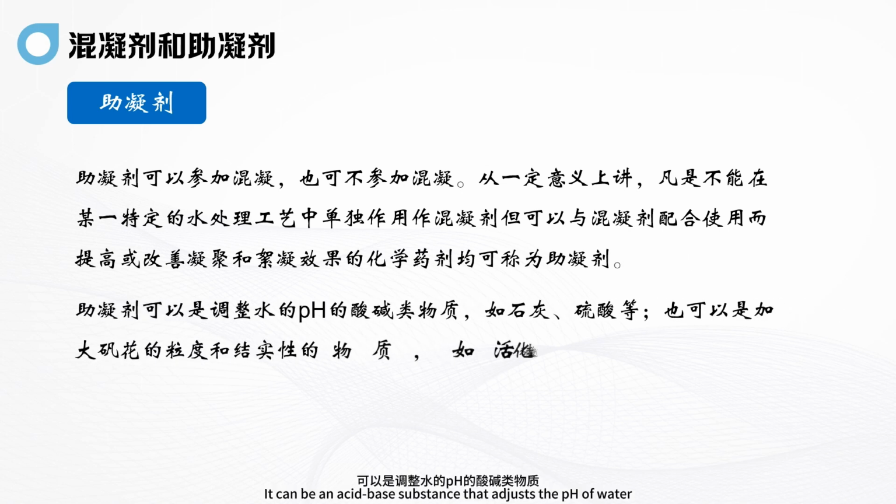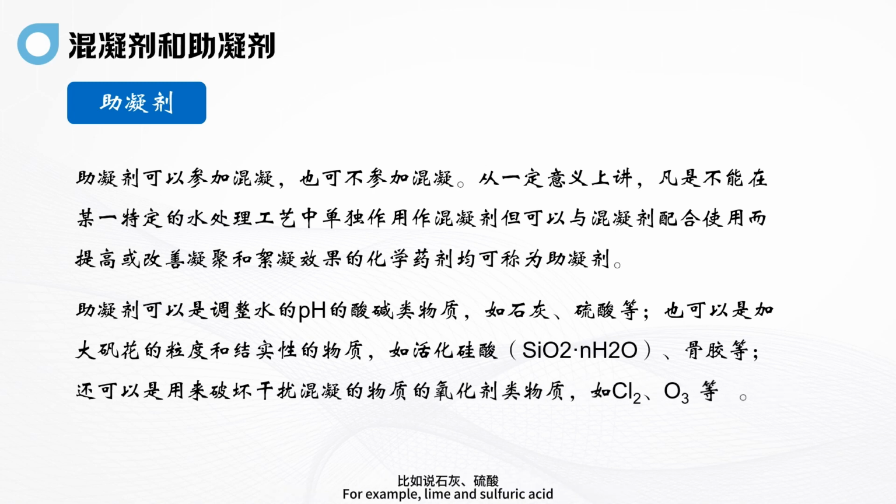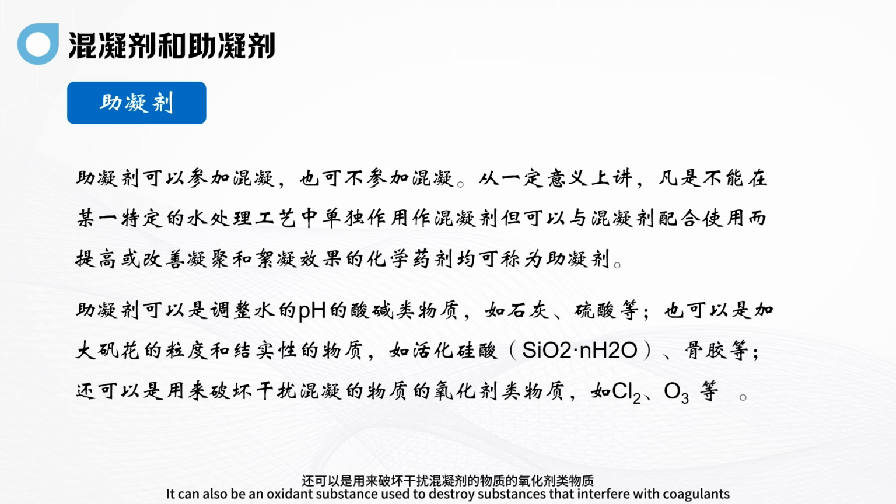It can be an acid-base substance that adjusts the pH of water, for example, lime and sulfuric acid. It can also be a substance that increases the granularity and firmness of alum flocs, for example, activated silicic acid and bone glue. It can also be an oxidant used to destroy substances that interfere with coagulants, for example, chlorine and ozone, and so on.